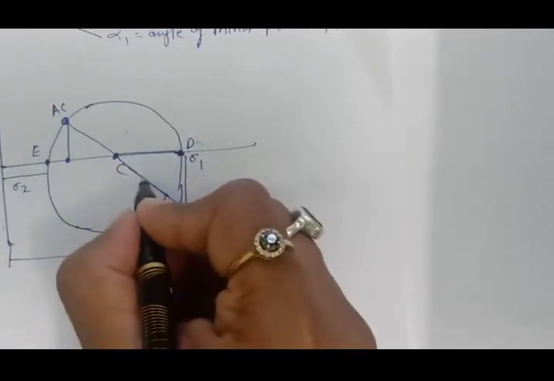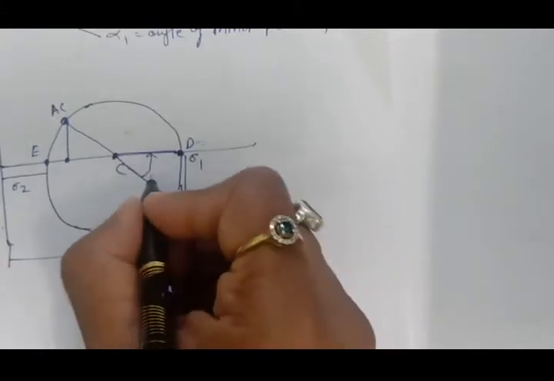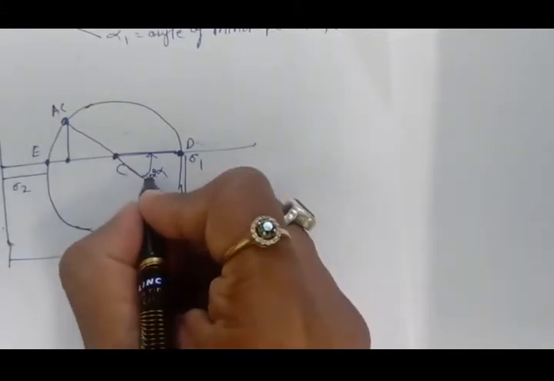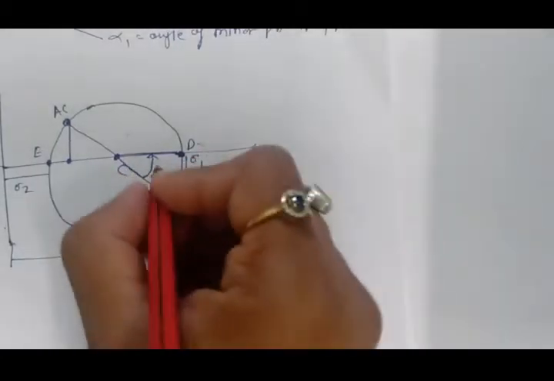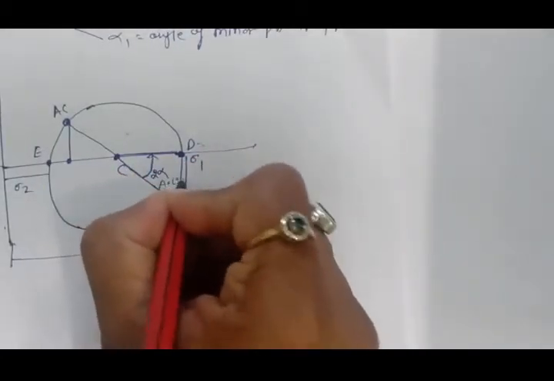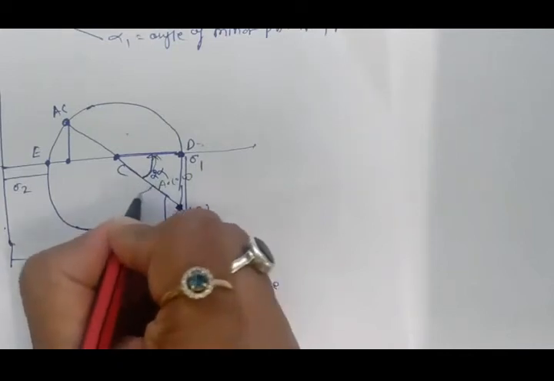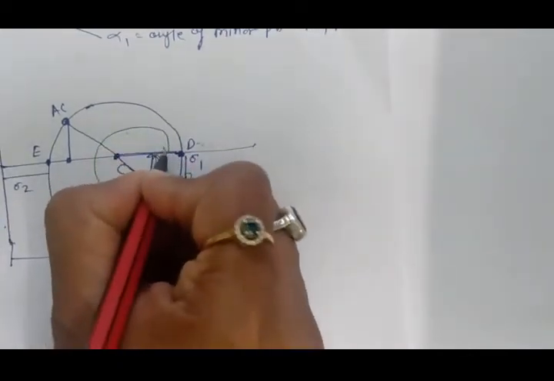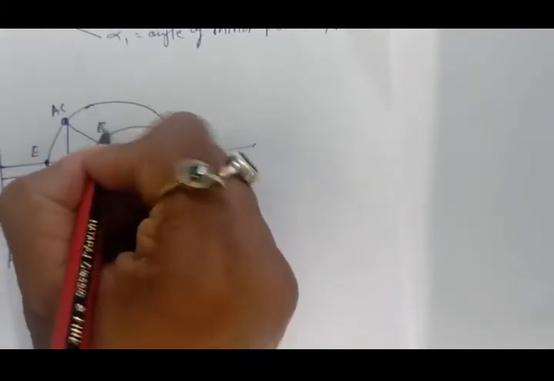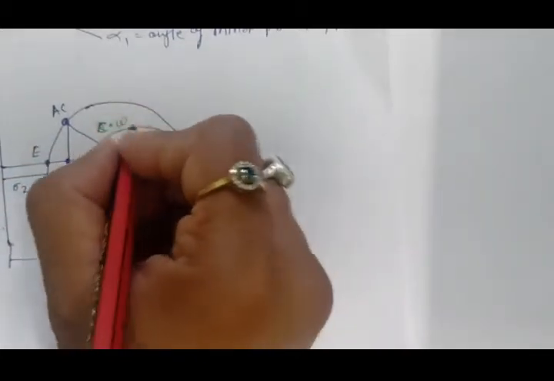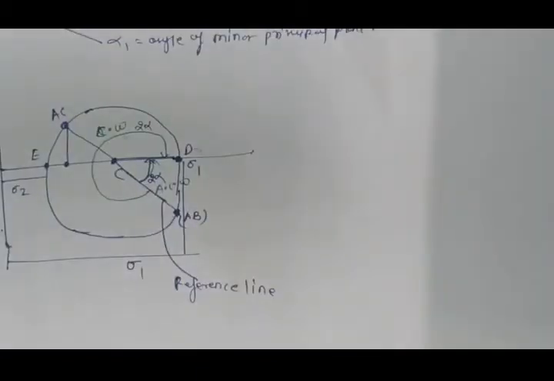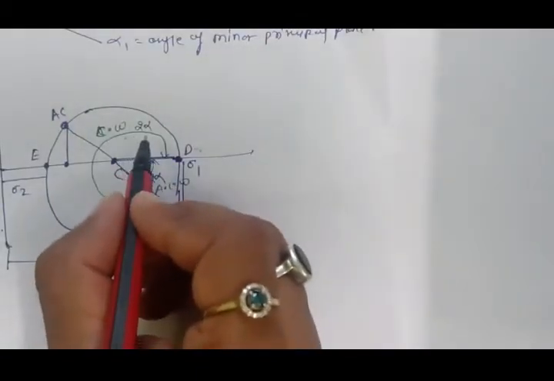If we go in this way, this is called 2 alpha, going anti-clockwise. You can go in this manner, anti-clockwise, or you can go from here to here also, which will be the clockwise direction of alpha. We denote in the Mohr circle 2 alpha. So this is the angle of the major principal plane.